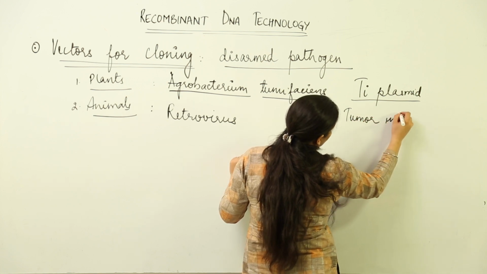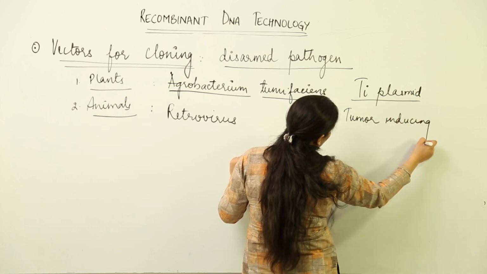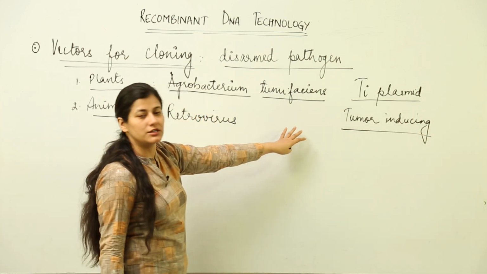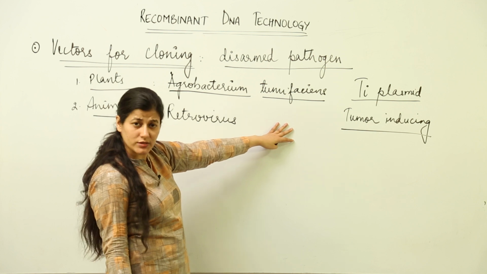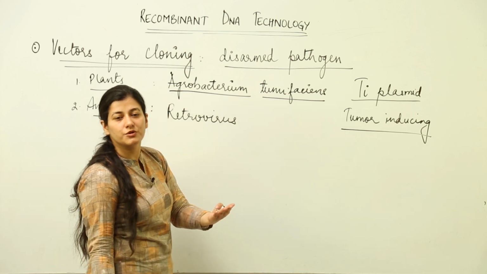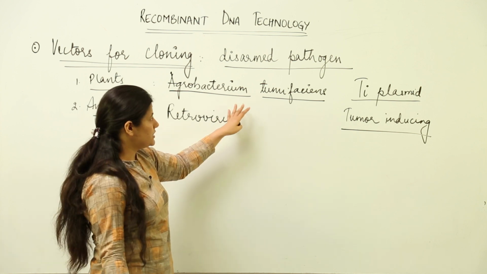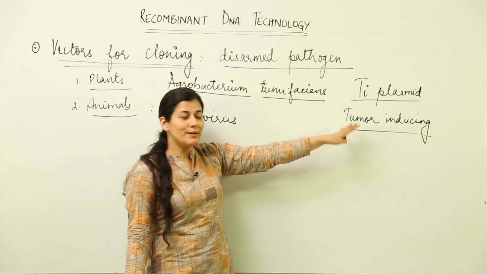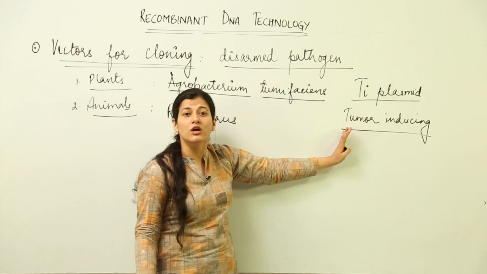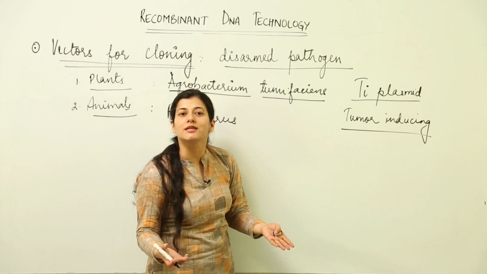Okay, so the tumor inducing plasmid would be disarmed. The gene which is responsible for inducing tumor in the plant cells that it infects will be cut, and instead our required gene would be put over there. Now, the bacteria would go and infect the plant, but instead of producing a tumor, because its TI plasmid has been altered, it will produce our desired gene.